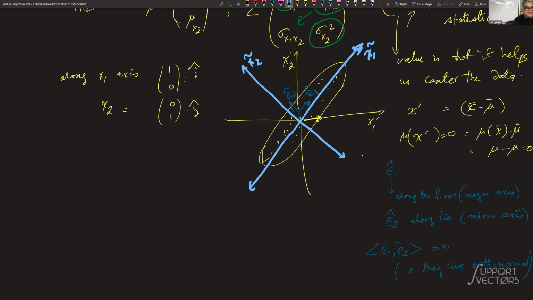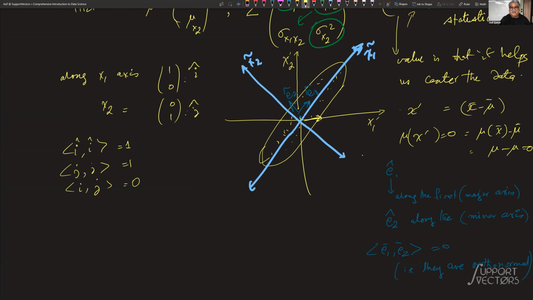Just as here, you would agree that the following conditions still hold. I dot I is 1. J dot J is 1. I dot J, the dot product of the I vector and the J vector, is 0. Exactly, so the same relationship holds here.